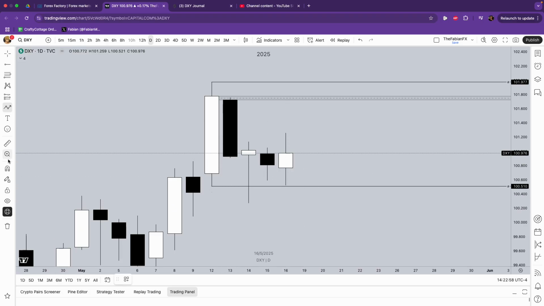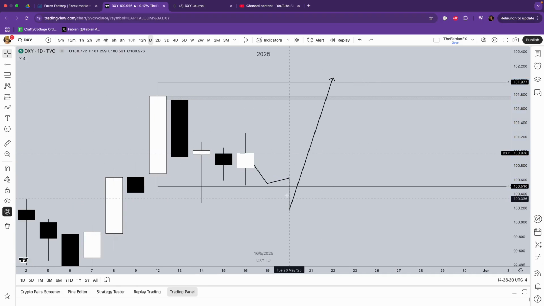Something you should always be aware of, even though our bias is higher, what can happen with this activated is we can go lower like this, sweep this, and then make our way higher, which is what I'm expecting for next week.